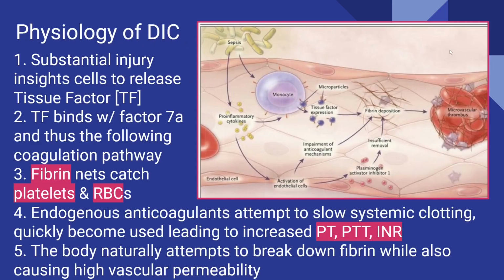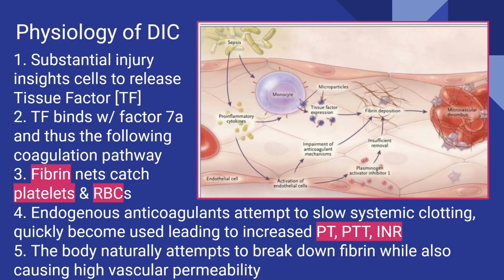So when we look at DIC, something has caused an initial injury. So in that movie, something happened to where the chickens were like, we've got to get out of here. And so an initial injury happens, and that causes some cells to release tissue factor, which is like a signaling molecule.